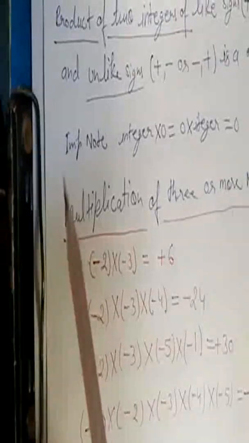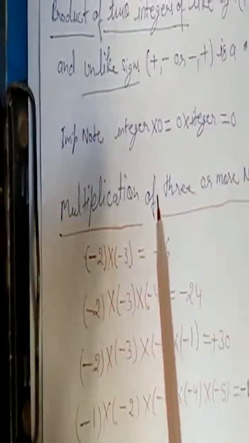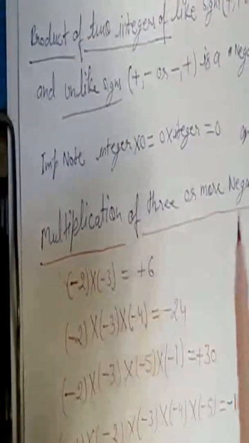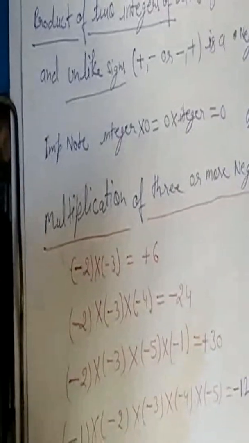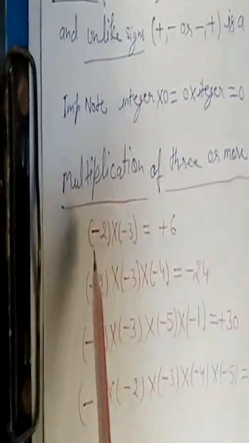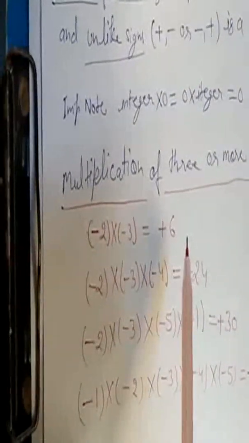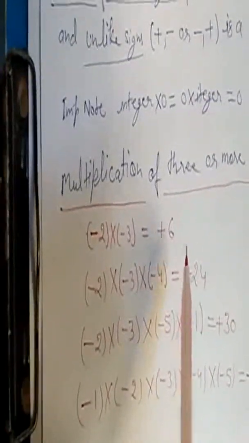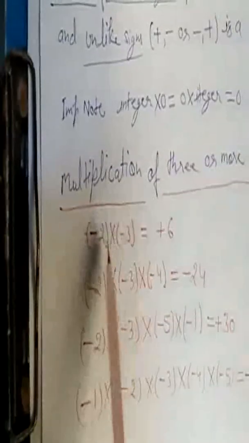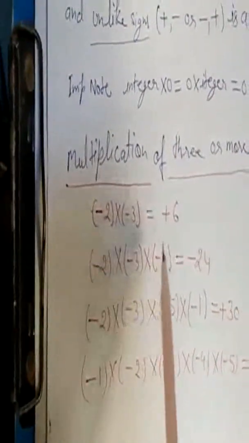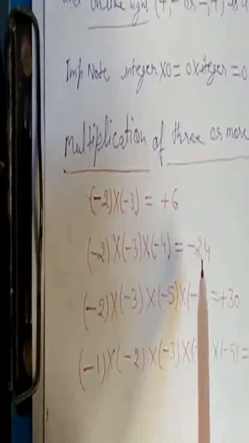Now, multiplication of 3 or more negative integers. Minus 2 into minus 3 is equal to plus 6, according to the rule minus minus plus; 2 3s are 6. Minus 2 into minus 3 into minus 4 is equal to minus 24.